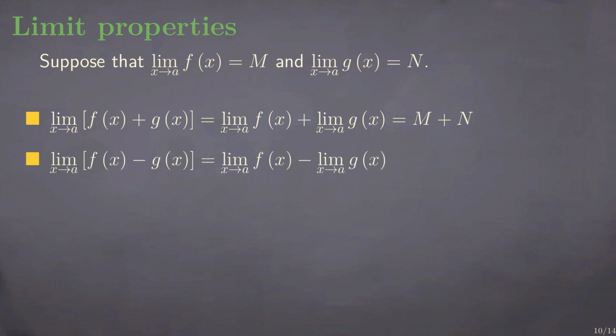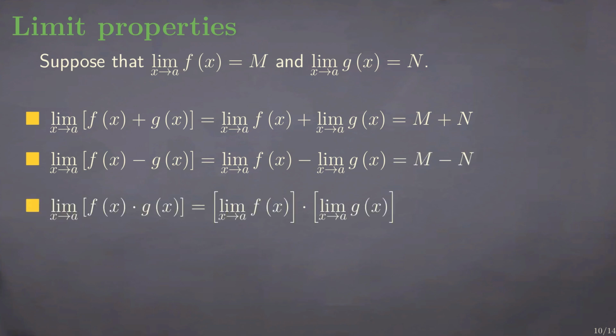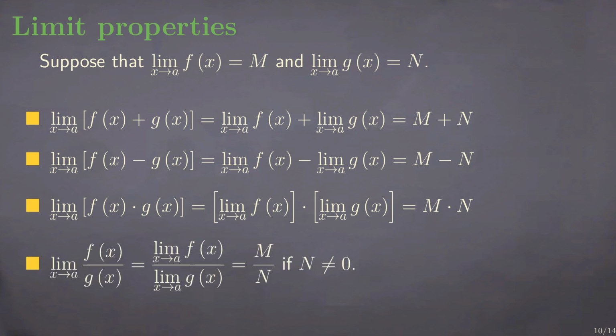Similarly, limits also commute with taking differences, meaning that the limit of f(x) minus g(x) is the same as the limit of f(x) minus the limit of g(x), which is m minus n. And similarly, we have the commutativity between limit and taking products, so the limit of the product of f and g is m times n. And if n is different from 0, we can also talk about the limit of the quotient of f(x) and g(x), which is m over n, provided that n is different from 0. Okay.